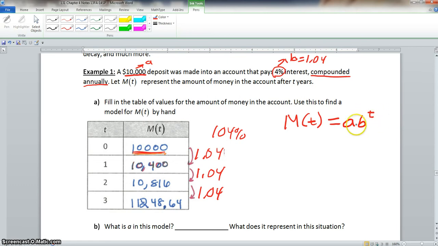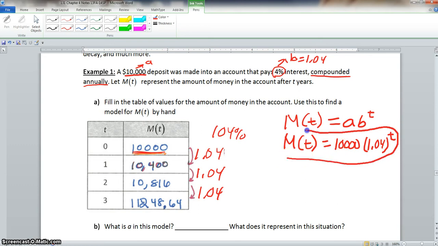So we have M of t is equal to, now our A is 10,000, and our B, which is our base, is 1.04, to the t power. And this is the equation that we have.